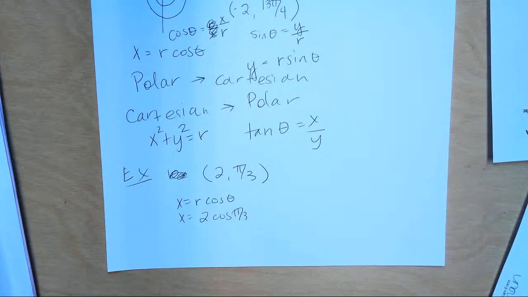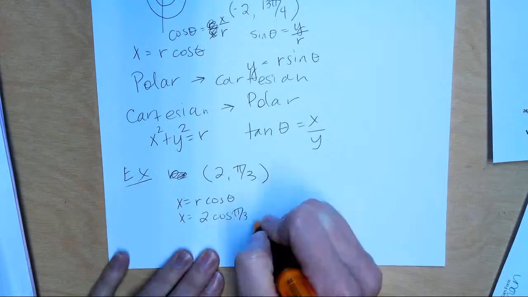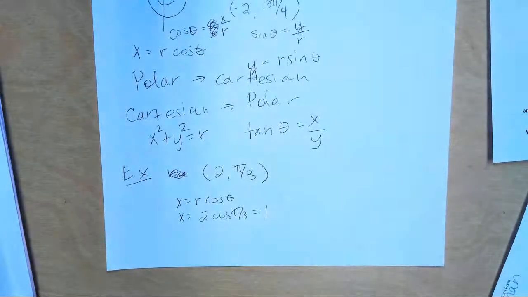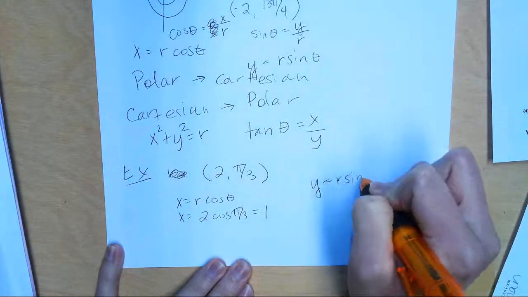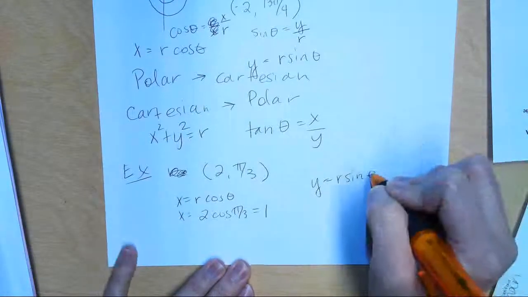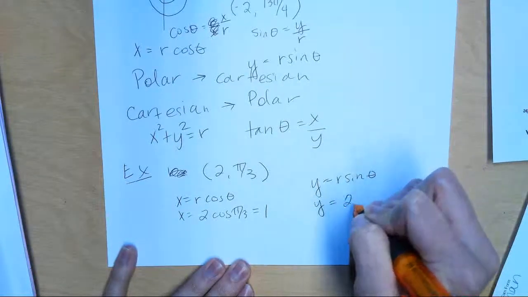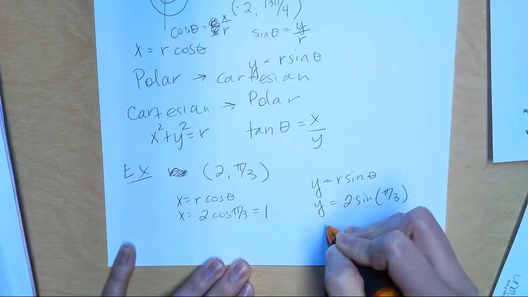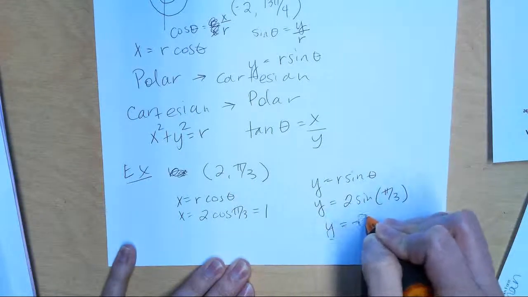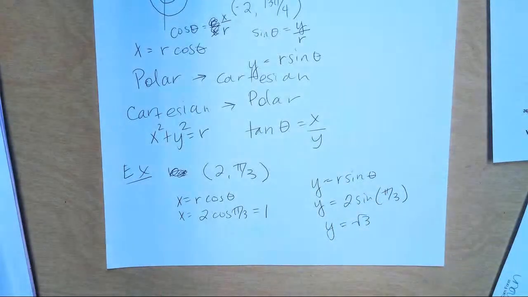Cosine of pi over 3 is a half. So it's just 1. Okay, and then y equals r sine theta. So y equals 2 sine pi over 3, which would be square root 3. So we could write that point in Cartesian as 1, root 3.